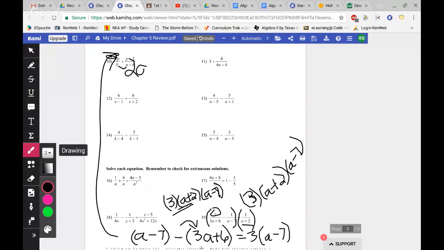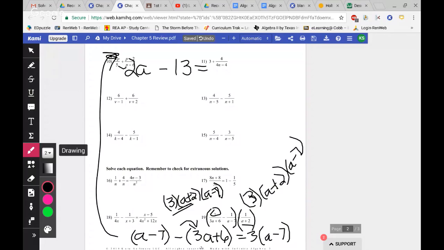Does everybody agree with that? Stop me if I make a simple math mistake. And then I've got a minus 7 minus 6, because this subtraction has to be distributed to that 6 on the other side. So minus 7 minus 6 is going to give me a minus 13 on the left-hand side.